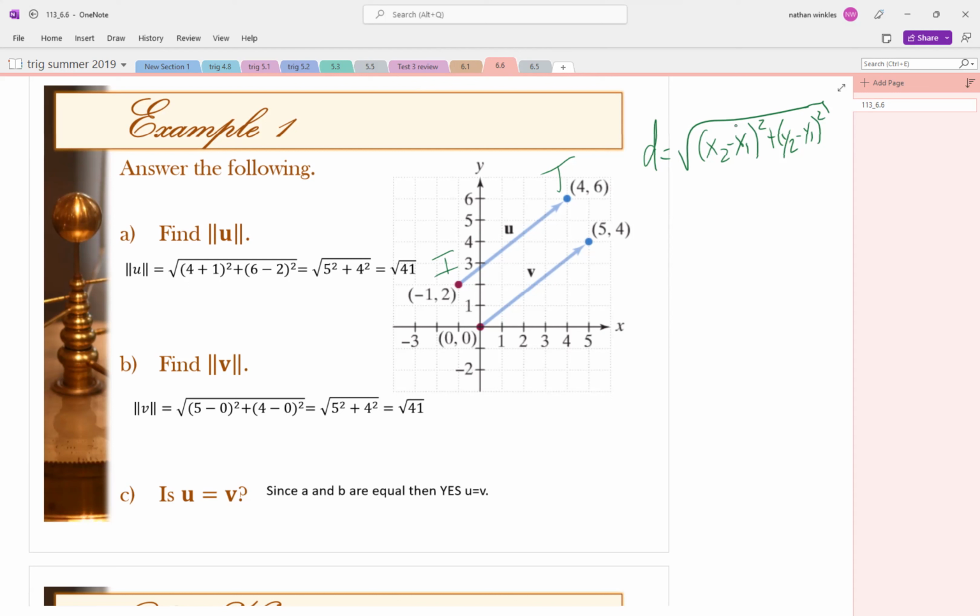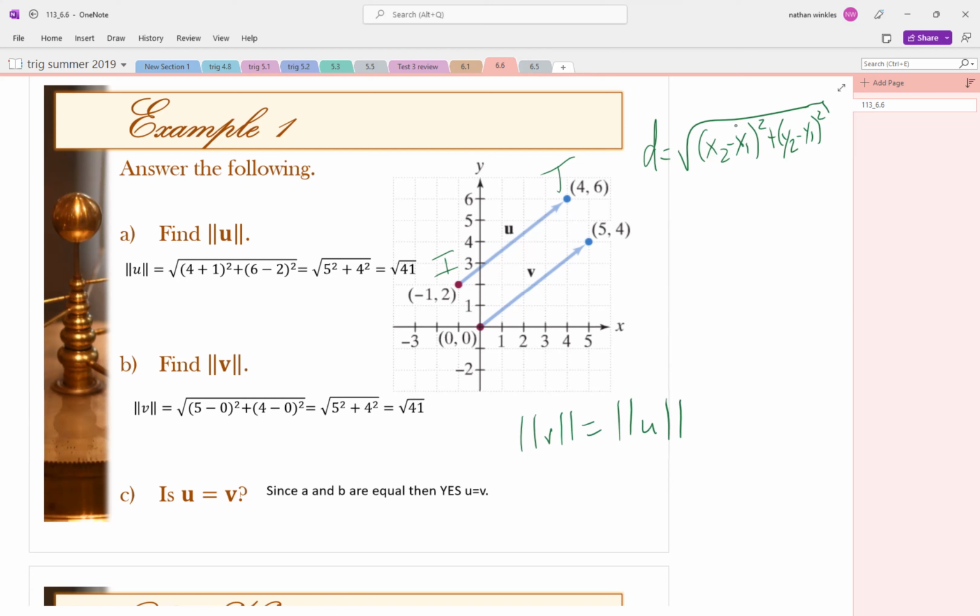We then find the magnitude of v, which is the square root of 5 minus 0 squared plus 4 minus 0 all squared, which is equal to the square root of 5 squared plus 4 squared again, which is the square root of 41. So notice that the magnitude of v is equal to the magnitude of u.